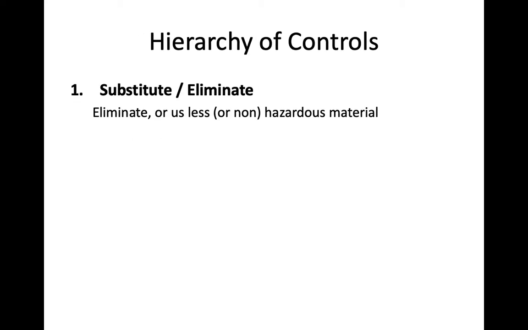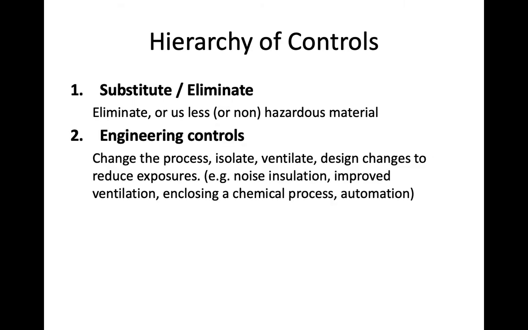So, with regards to the hierarchies of control, there's typically four strategies that we look at. The first one is substitute or eliminate. In this case, it's eliminate or use less of the hazardous material. The second would be engineering controls. So this includes changing the process, isolate, ventilate, design changes to reduce exposures.